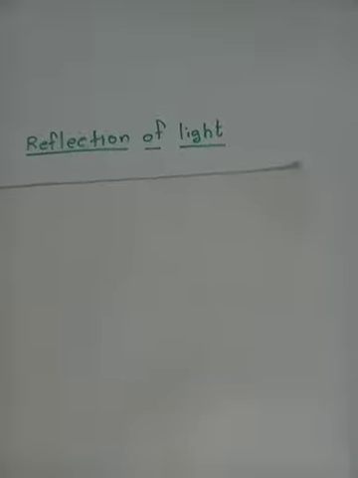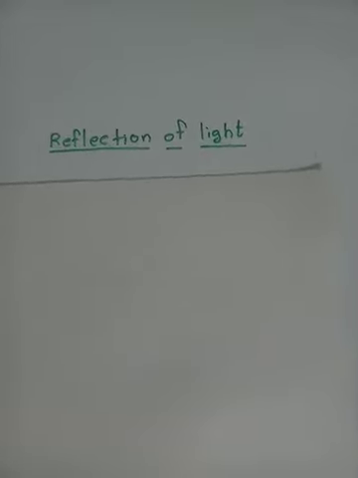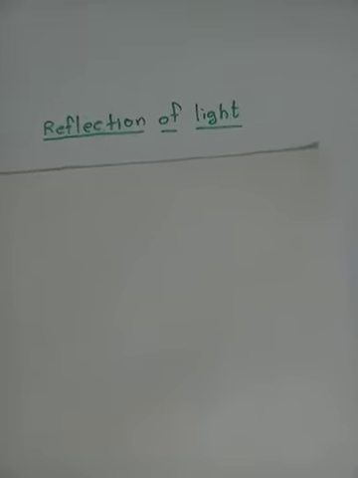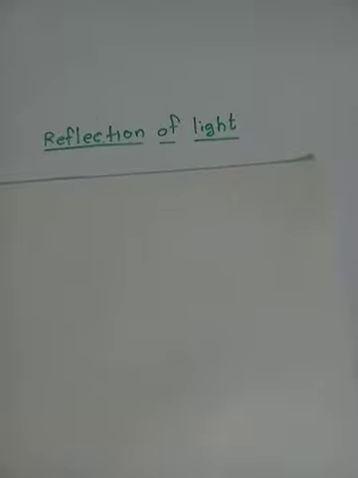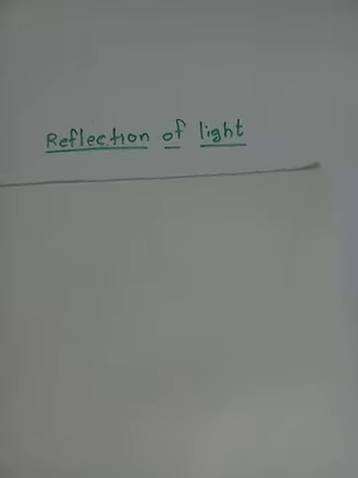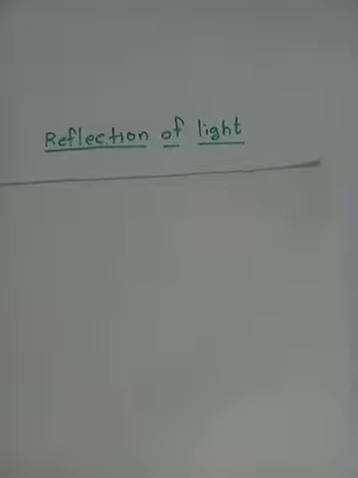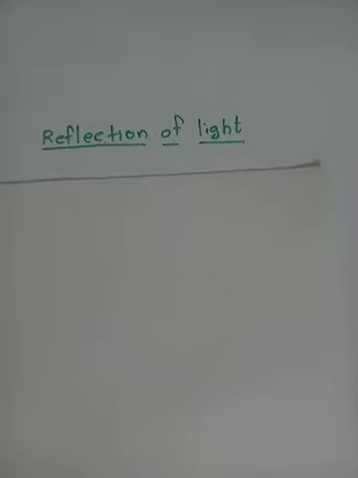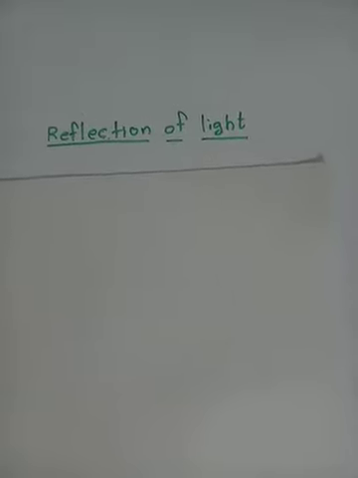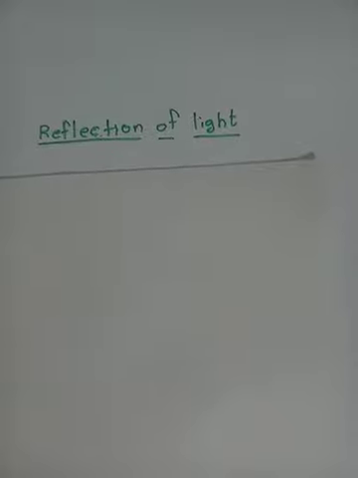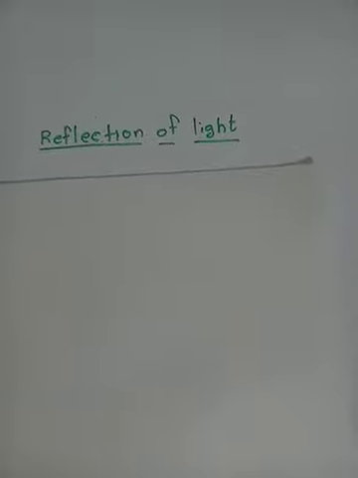For reflection, we need a surface that is able to reflect the light. That surface could be anything, any shining surface. It may be a mirror, it may be a wall, or any such plane surface.